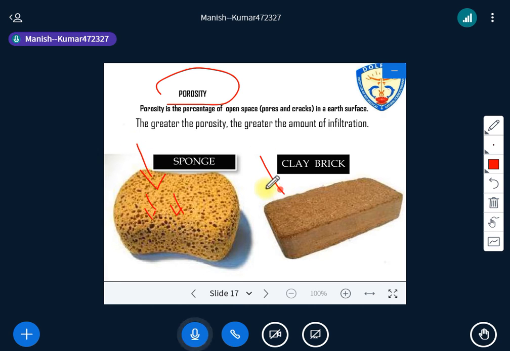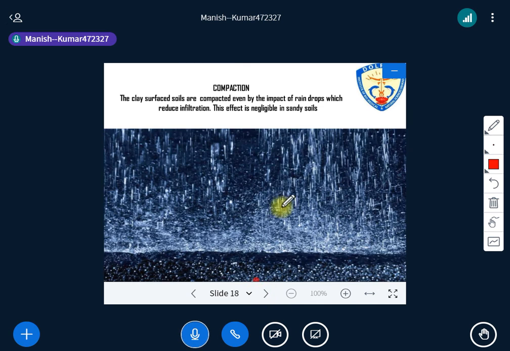The simple meaning of porosity is open space, the pores and cracks in an earth surface. If there are more pores, more cracks, more open space, more infiltration will take place. So porosity is again one of the factors for infiltration.